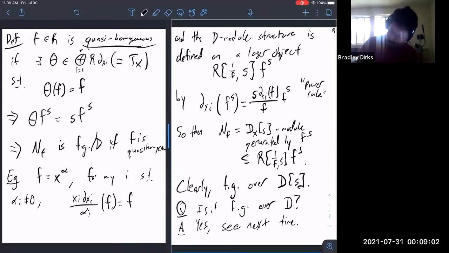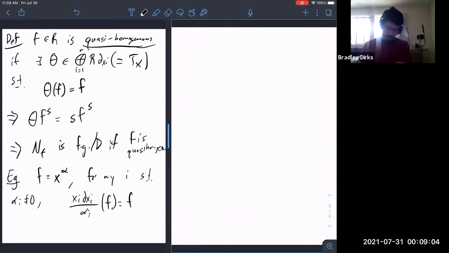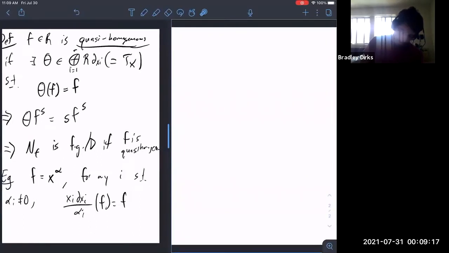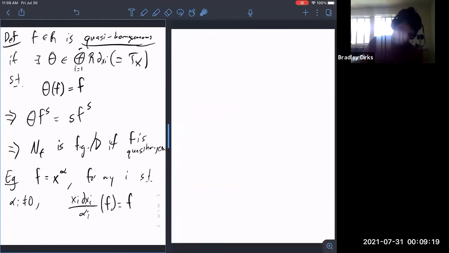Okay. And that's actually going to be very important for next week. So monomials are examples of quasi-homogeneous polynomials, and they're one where we already know that this nice module NF, a module of interest, is finitely generated over the differential operators.